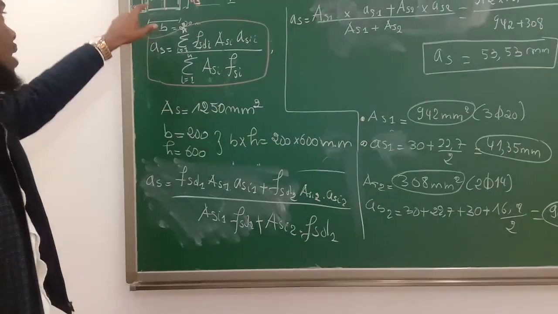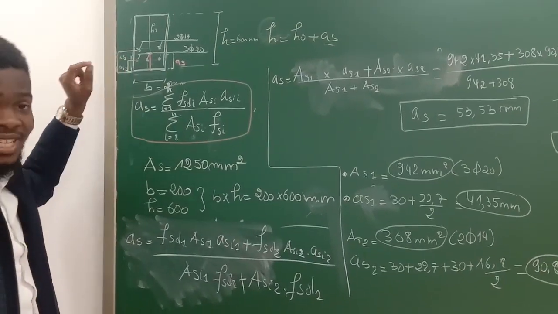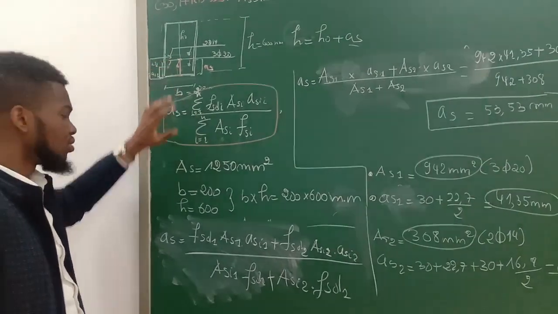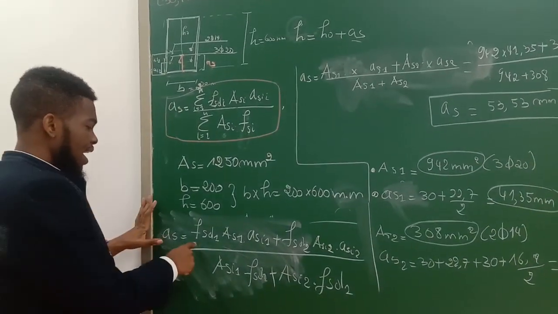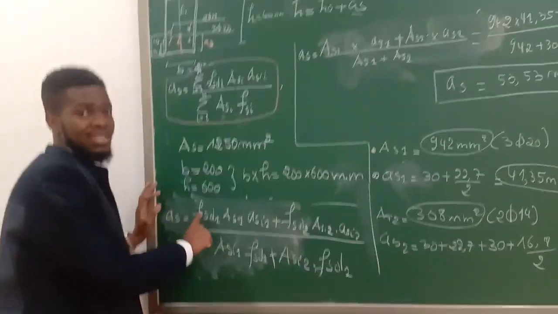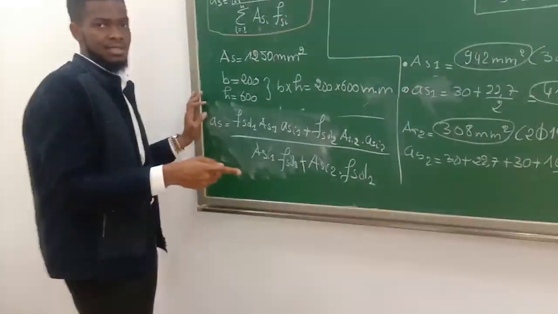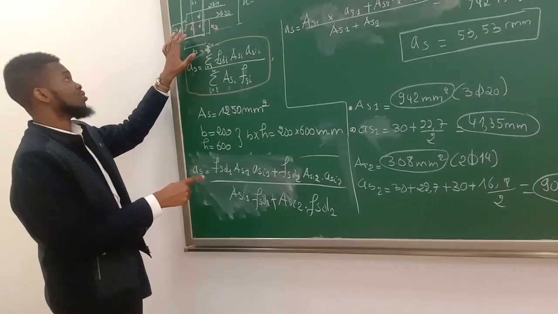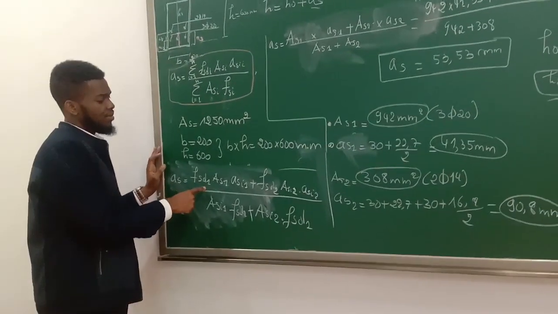And we understand that for this particular problem, we use the same steel bar for everything. So in this problem, the fsd1 will be the same for everything. I repeat, because we use the same steel bar, fsd1 and fsd2 will both be the same.